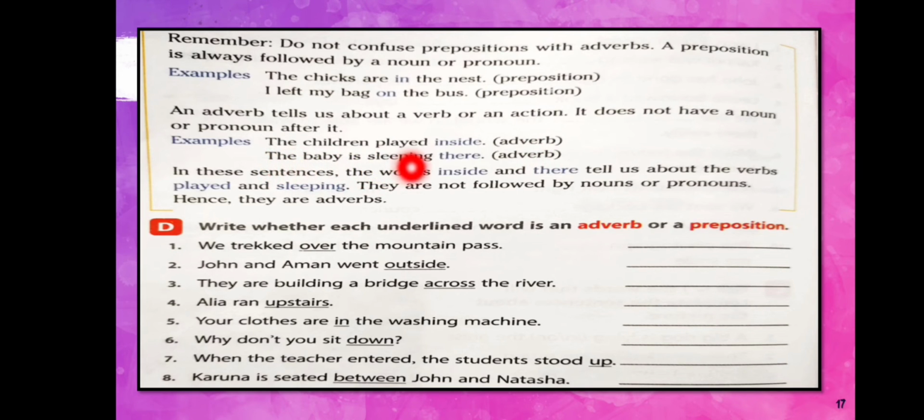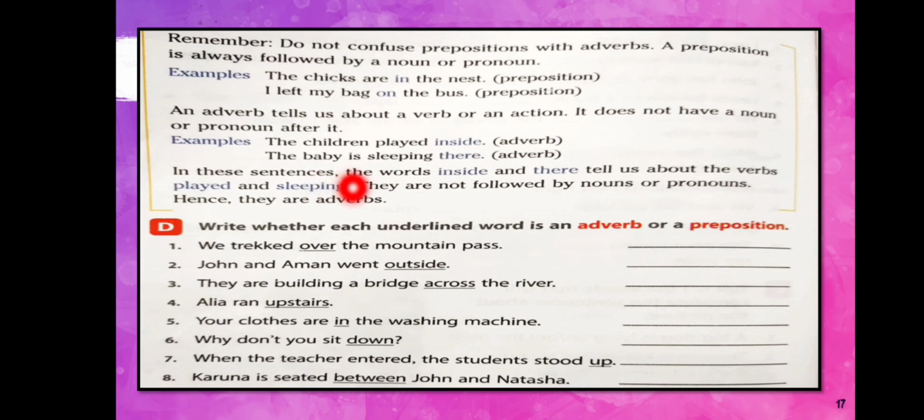The children played inside. Here after the verb played, inside is given, right? It is telling more about this verb played. Where did the children play? The children played inside. And after this word there is no noun which is following. So it is an adverb.